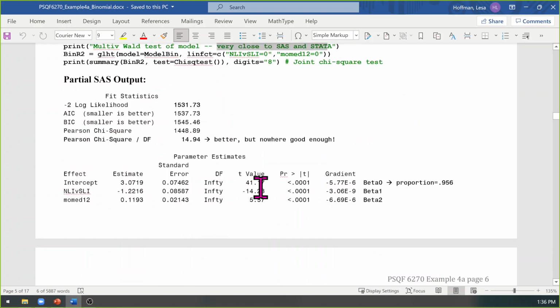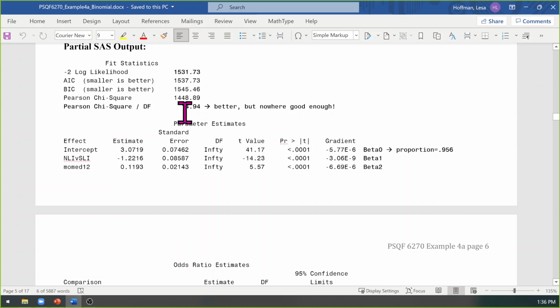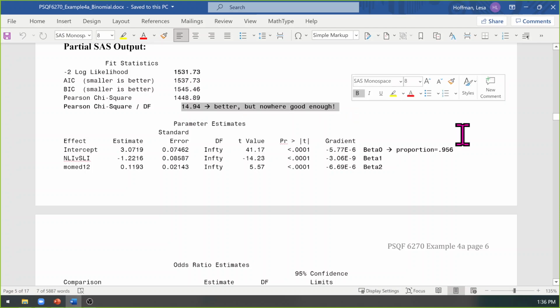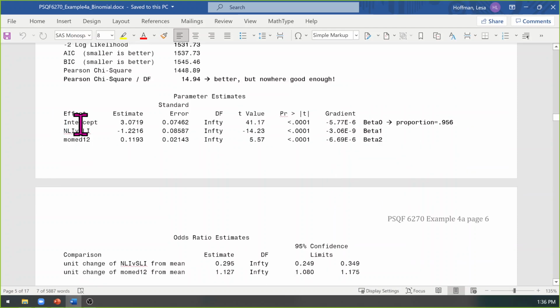So then we get to the output, and survey says, yeah, no. Dispersion, Pearson chi-square over degrees of freedom around 15. So better than 21, still not great. The intercept has moved even further over.